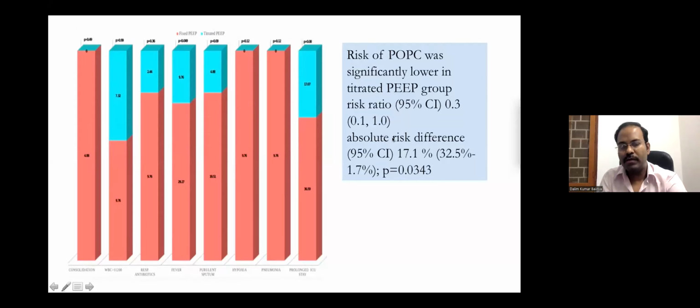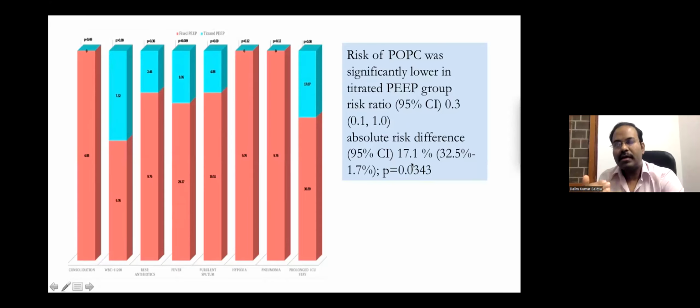Overall, there was a 17% risk reduction of post-op pulmonary complications with the titrated PEEP group, and this was statistically significant. So this study shows that PEEP titration based on driving pressure in patients undergoing long duration major abdominal surgery should be beneficial.